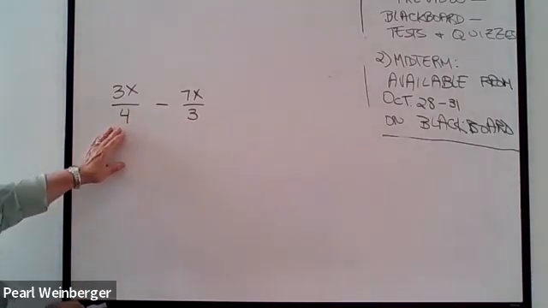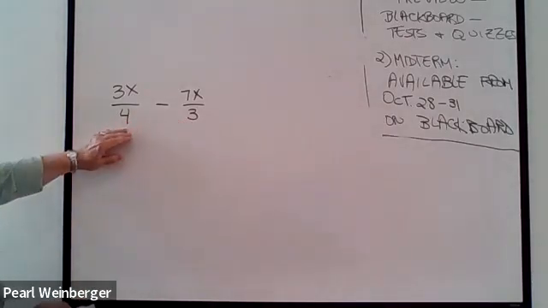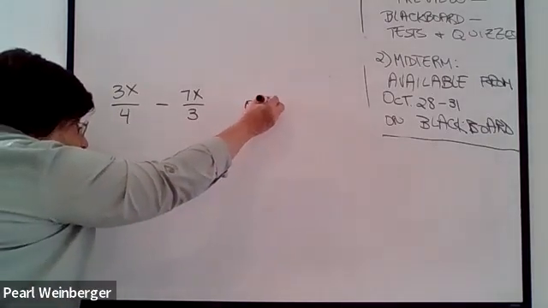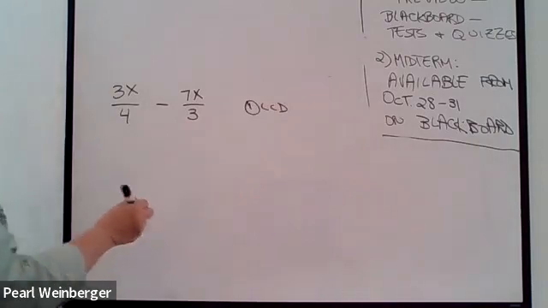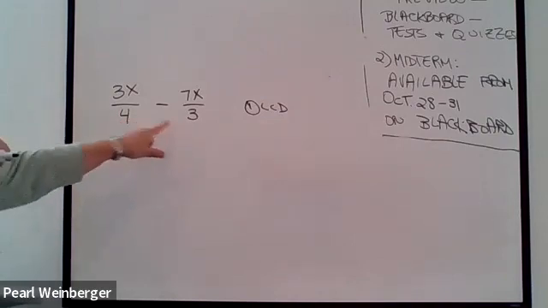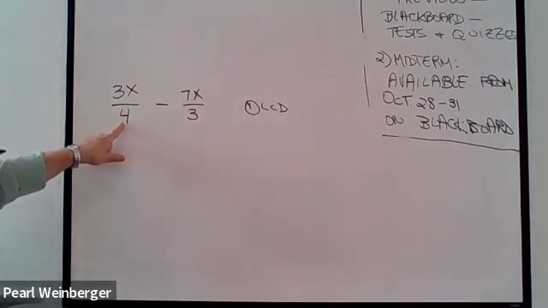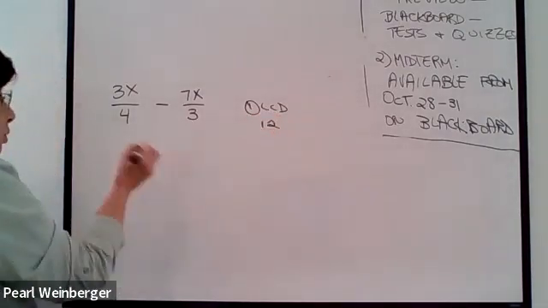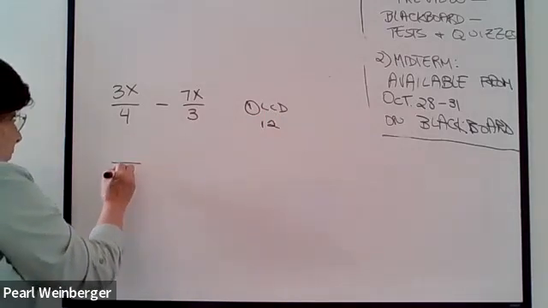Again, when it's fractions, we first look at the denominators and we try and find our least common denominator. And since my larger denominator is 4, 4 times 2 is 8, 3 doesn't go into 8, but 4 times 3 is 12, 3 does go into 12, my least common denominator is 12. I think most people wouldn't have a hard time with that.